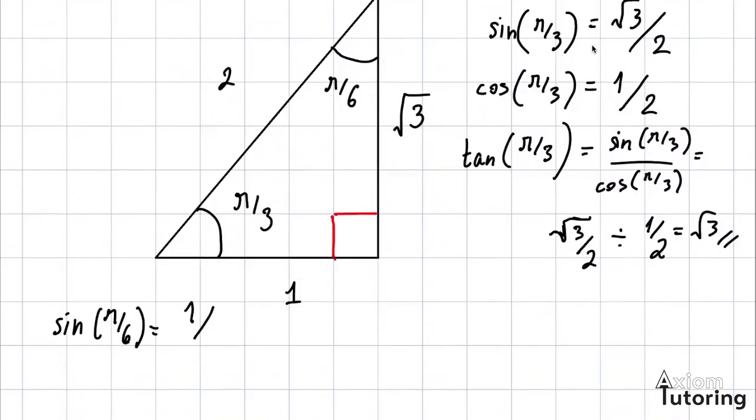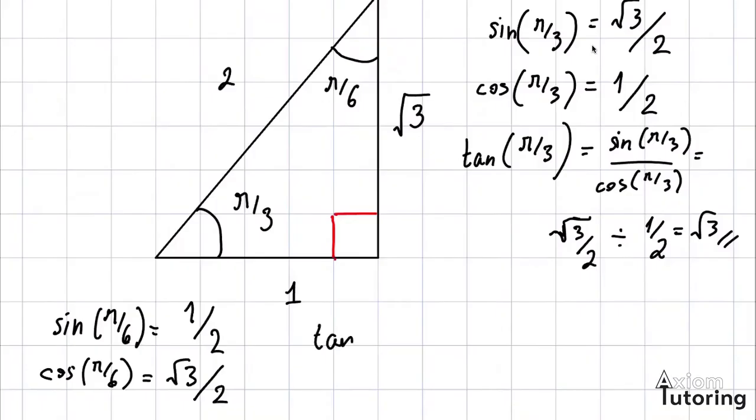So in fact, it's 1 over 2, sine pi over 6. Cos of pi over 6, our adjacent side to our theta equal to pi over 6 is root 3, and our hypotenuse, again, is just 2. So it's root 3 over 2.